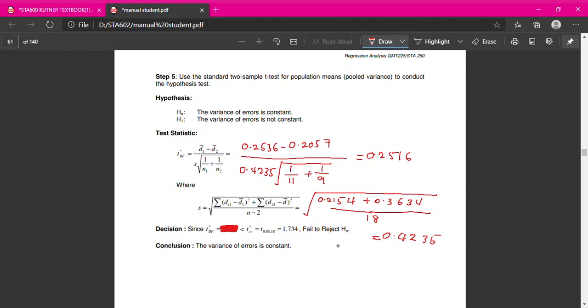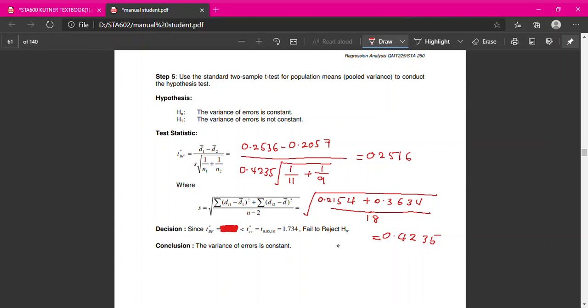Then we need to compare this with the critical value from T table, which is T 0.05, 18 degrees of freedom. Okay, so it is 1.734. You can check using your table, statistical table.